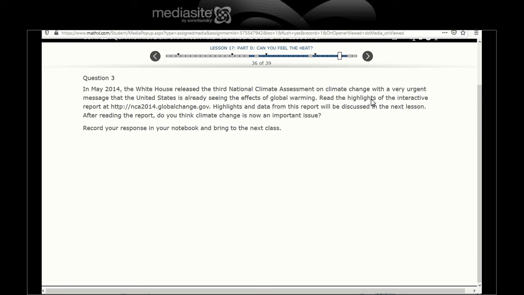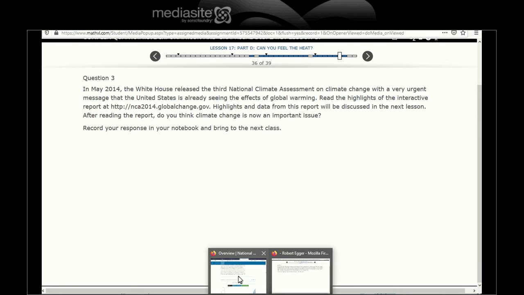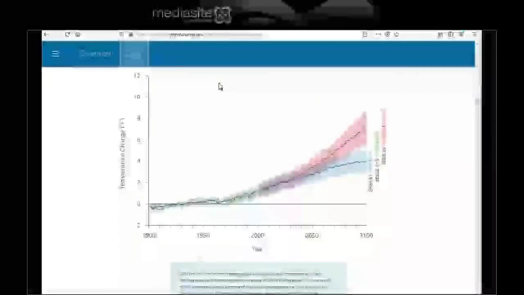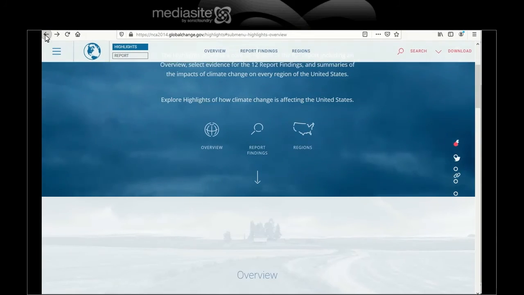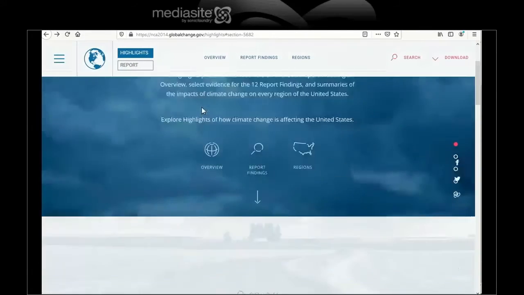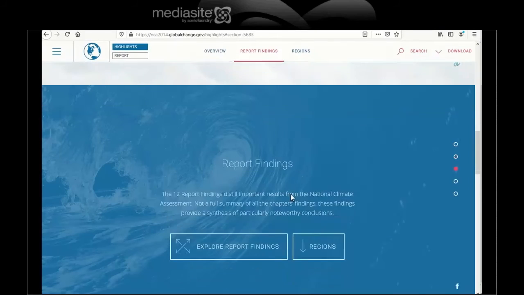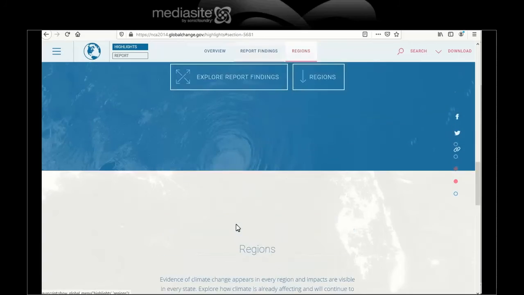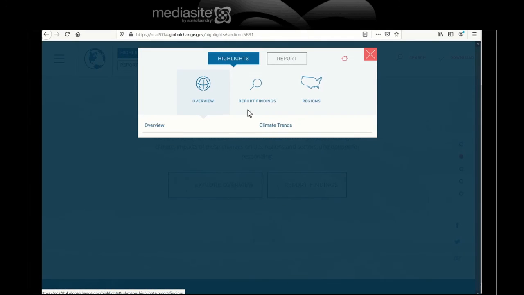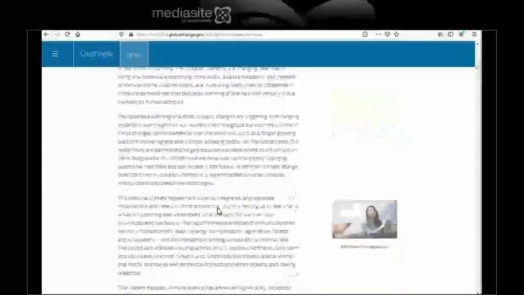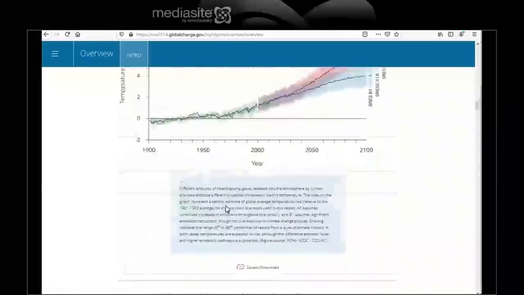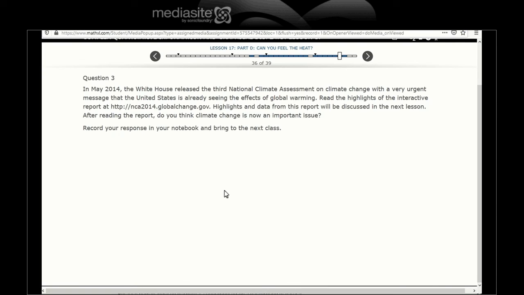So again, read the highlights of the interactive report. I'm going to come to this page, overview. Once you get to this page, just scroll down and start reading and investigating it, and make your opinion on whether you think climate change is now an important issue.